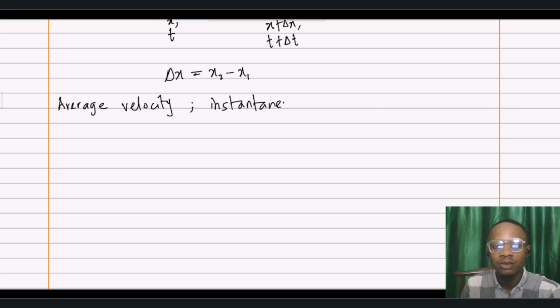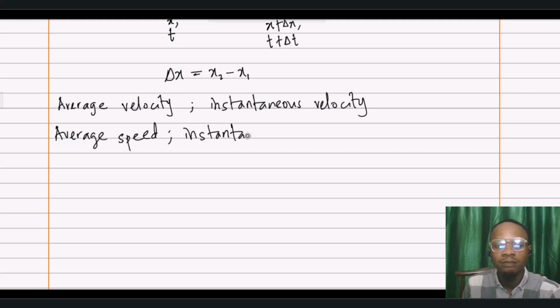So before we begin to examine their definitions, let us clarify some things. We will also talk about average speed and instantaneous speed. When we just say speed, without any qualifying term, without putting average there, it just means instantaneous speed.